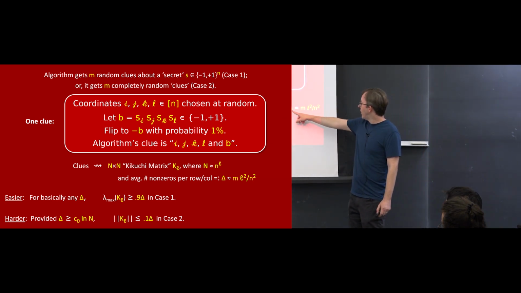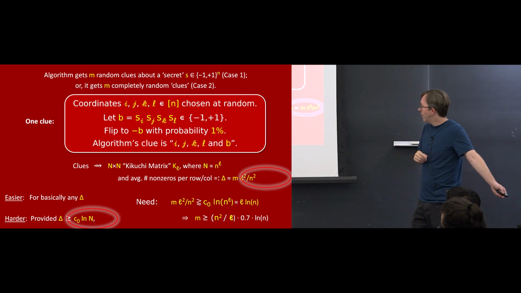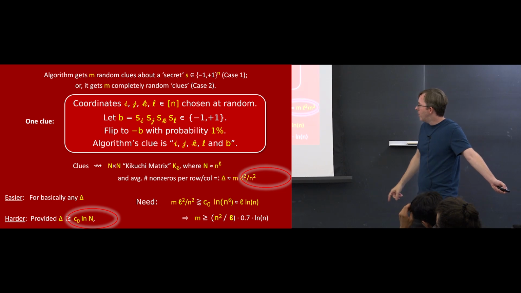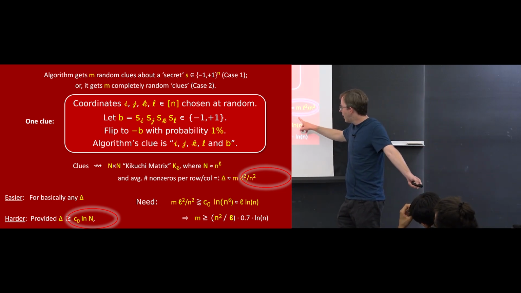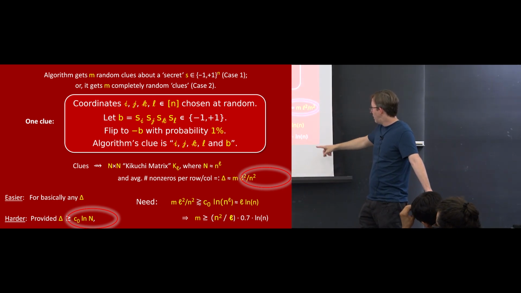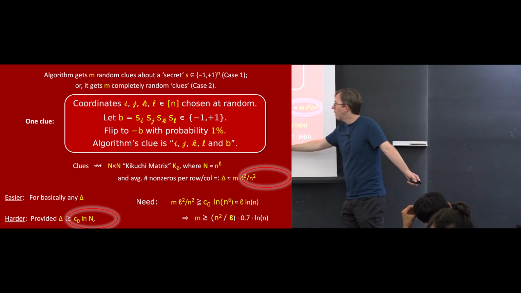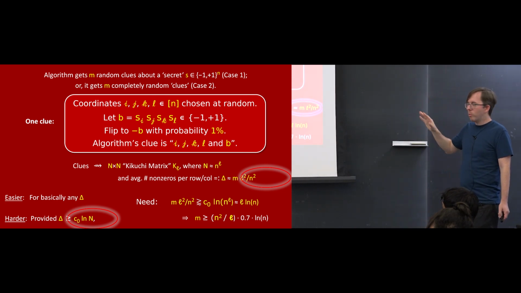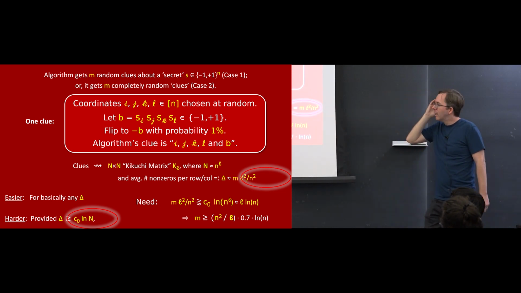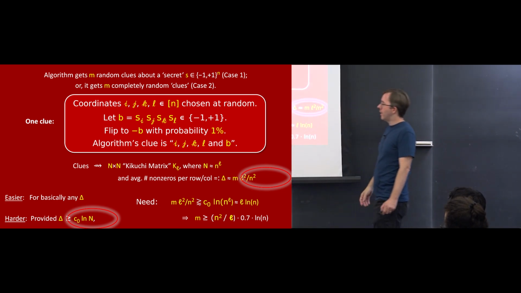And it turns out in the construction, delta has this formula, and this is, again, not very important, but if you put these two things together, you see that in order for everything to work, this expression for delta has to be bigger than ln capital N, and capital N is n to the little l, so this is like l ln n, and anyway, you rearrange it, and this is where this expression comes from, if you pay attention to the constants. Okay, so this is not the most important thing to know about, but this is somehow where this condition comes from. It's because you need to get the Kikuchi matrix to be about this dense.